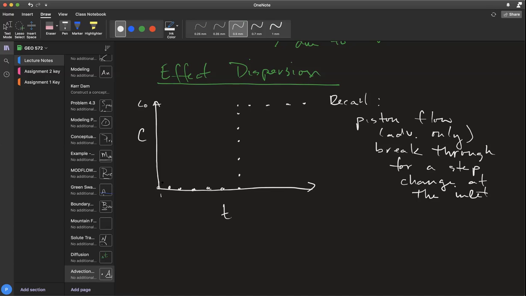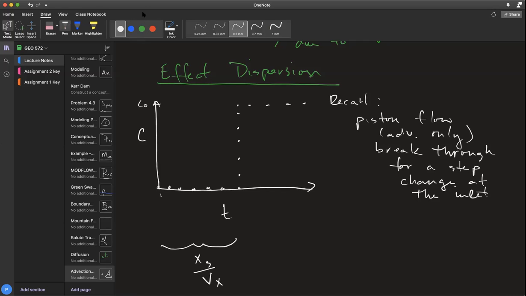And remember this time here, the time lag was x sub s over v sub x, right? Okay, so even if we have a uniform average groundwater velocity, we have all these random fluid velocities.